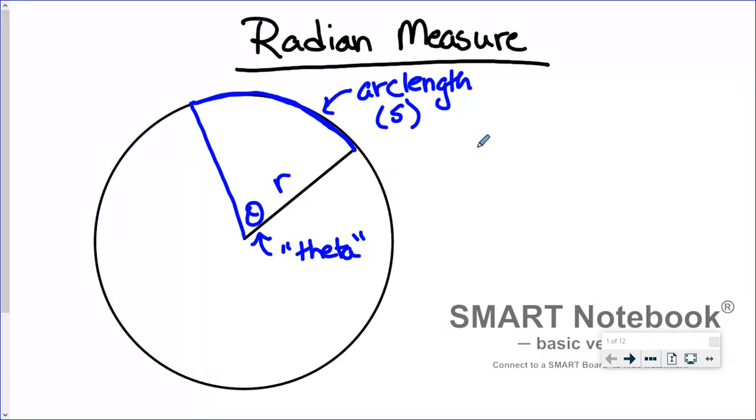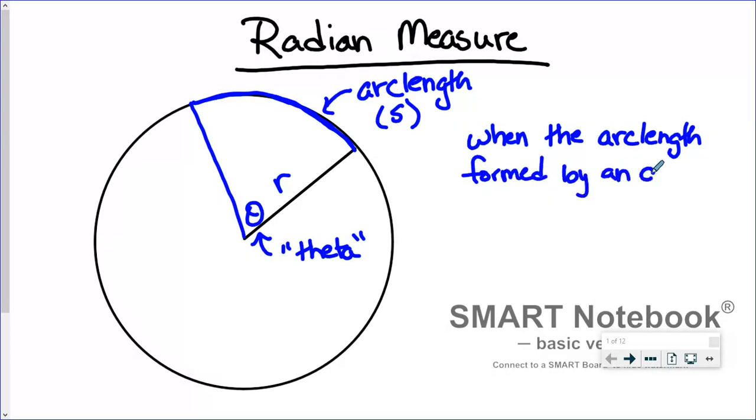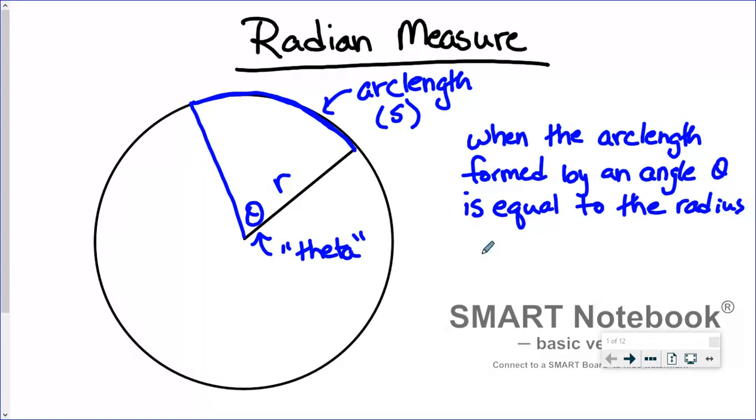When the arc length formed by an angle, and I'll call it theta, is equal to the radius, the angle has a measure of 1 radian.